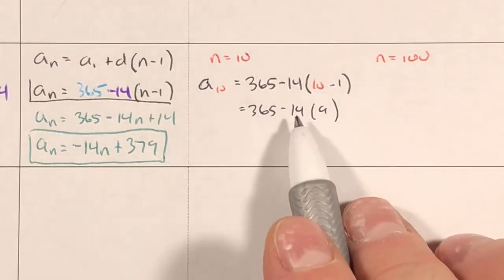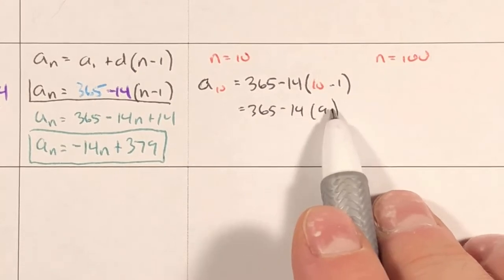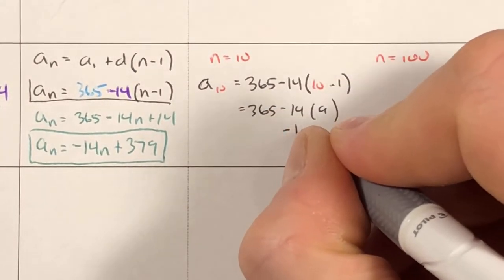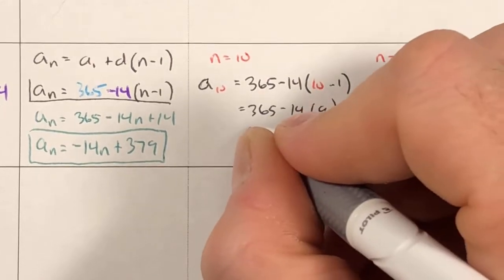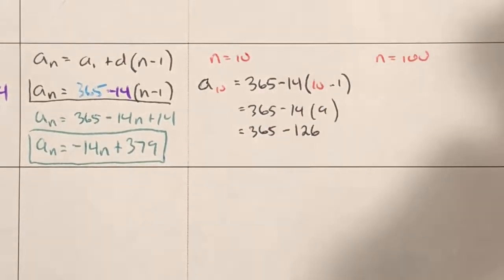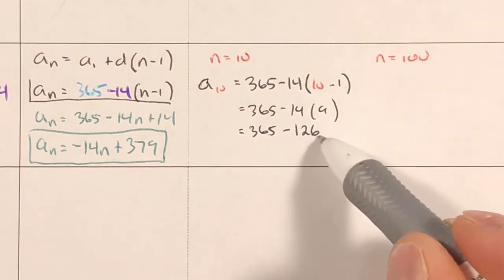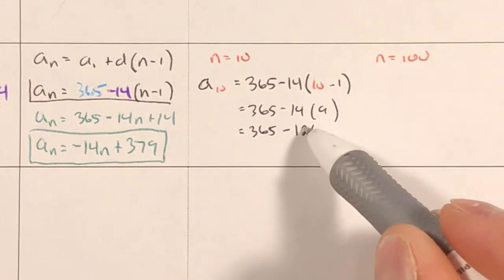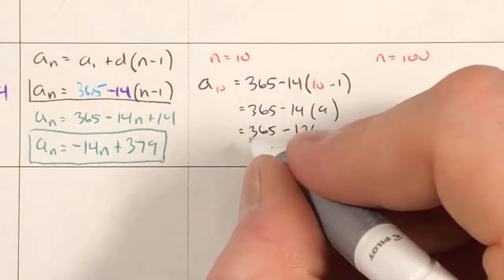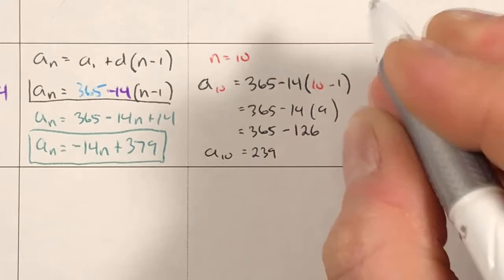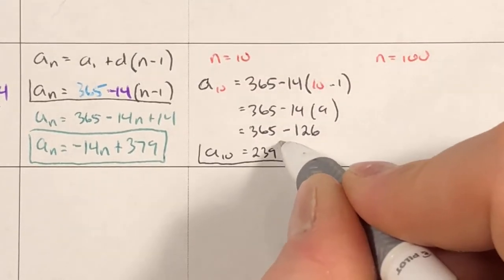Okay, 14 times 9, that's going to be, let's see, 90 plus 36. That is 126. 365 minus 126. Let's see, that'll be 359, 339, 239. So my 10th term is 239.